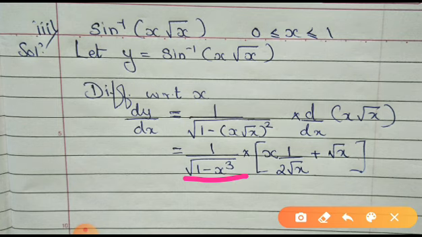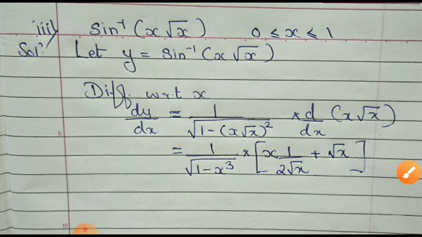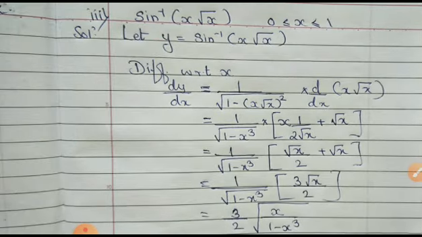Again which form? u into v form. So first into derivative of second plus second into derivative of first. Now here is x, and this is my root x. I can write root x as root x into root x. That one root x will get cancelled. So simplifying this, I'll be getting 3x by 2. So the answer will be 3 by 2 into root of x by 1 minus x cube.